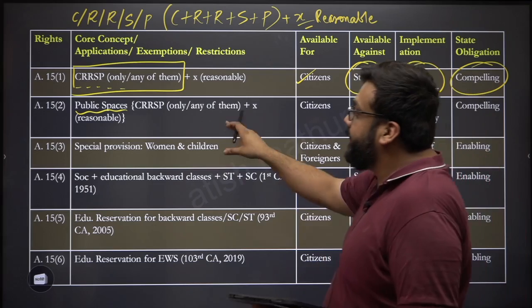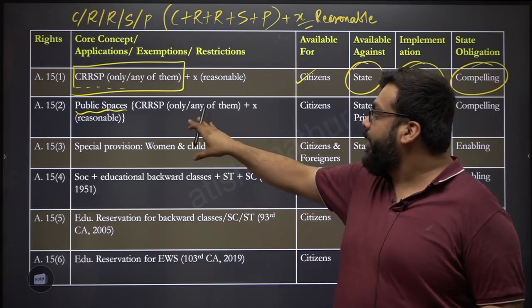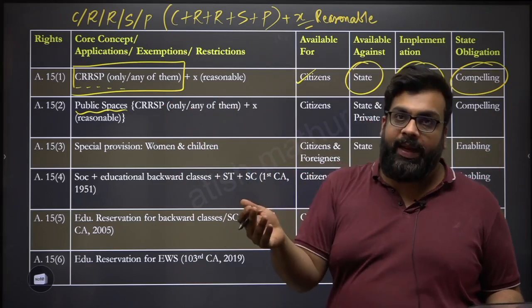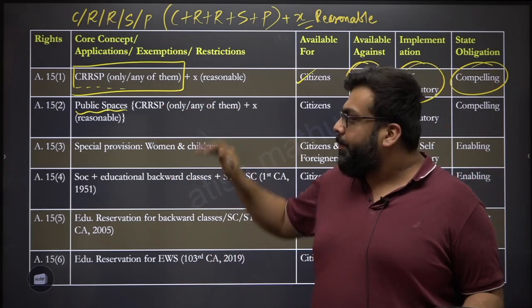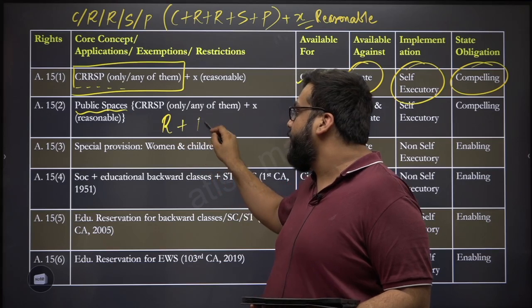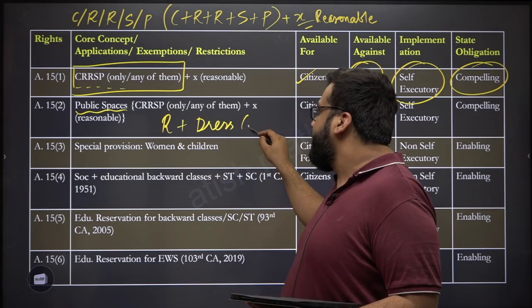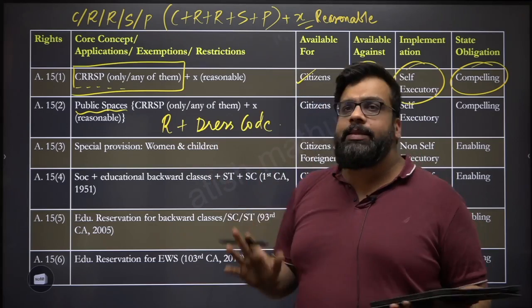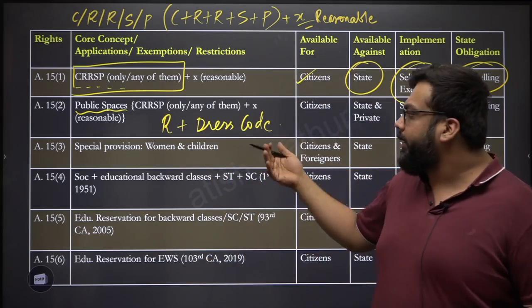So any of this CRRSP only, or any of them, that in fact is not allowed. Plus X is okay. So if there is a restaurant which has a dress code and that dress code is considered to be reasonable, that still could be understood by the court, and that could be allowed.